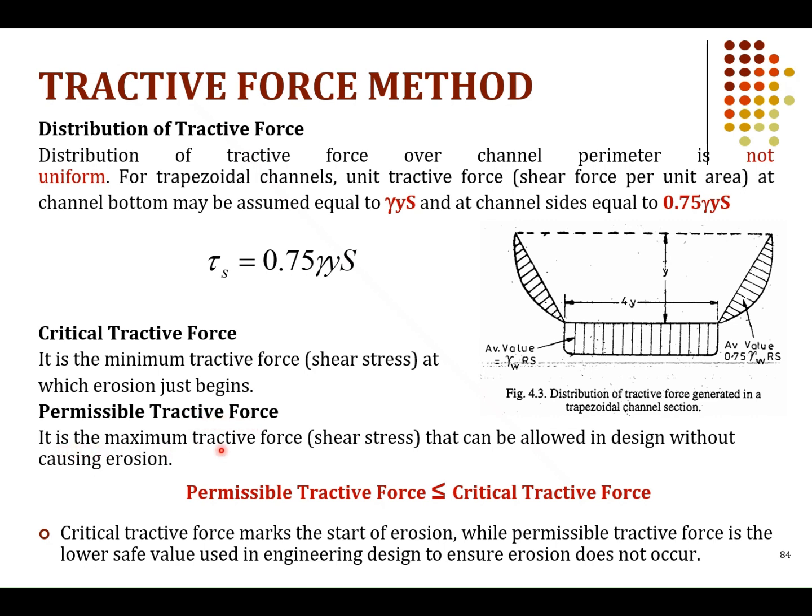It is the maximum tractive force that can be allowed in design without causing erosion. So as we all know, we don't want erosion to happen. We want to preserve the cross section of the canal. So the permissible tractive force will be less than or at the most equal to the critical tractive force. Okay, let's move forward.